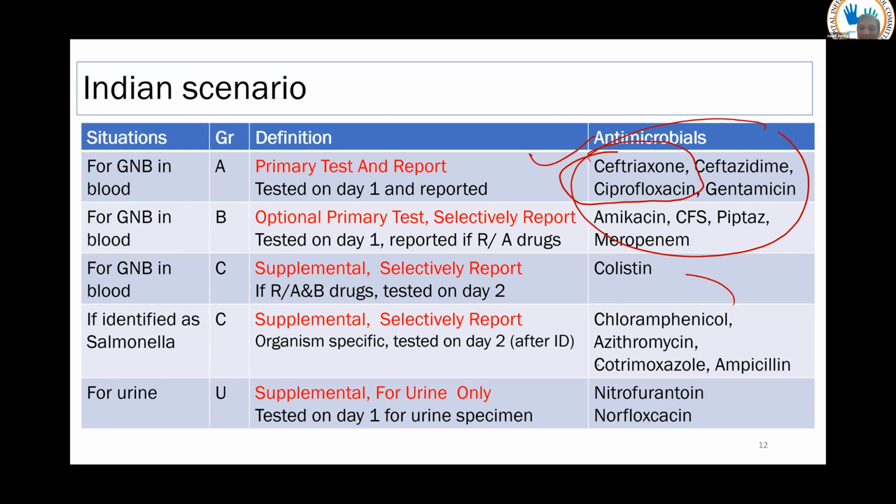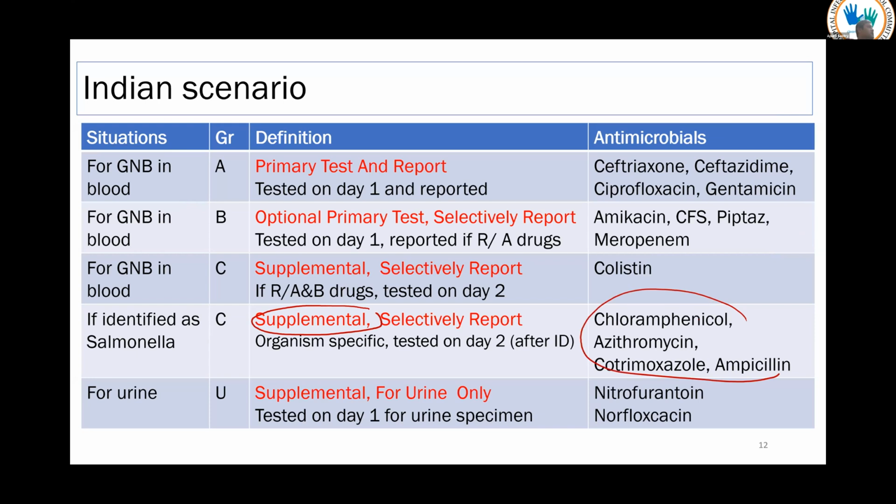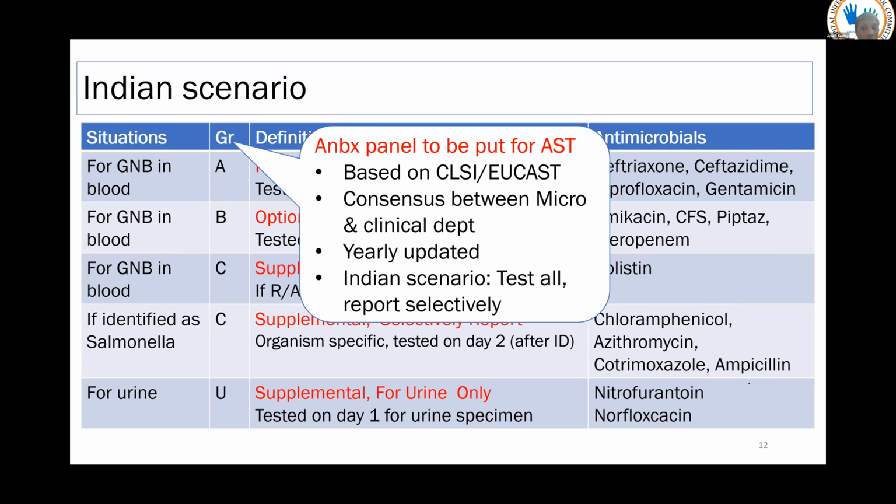But there are certain additional antibiotics like chloramphenicol, azithromycin and so on, which you report separately in addition for Salmonella. So those identification specific additional antibiotics which are supplementally tested on day two can also be considered a type of group C antibiotics. And of course, U can be the same definition as for E. coli. Those are urine specific antibiotics. So this is all about ABCU.